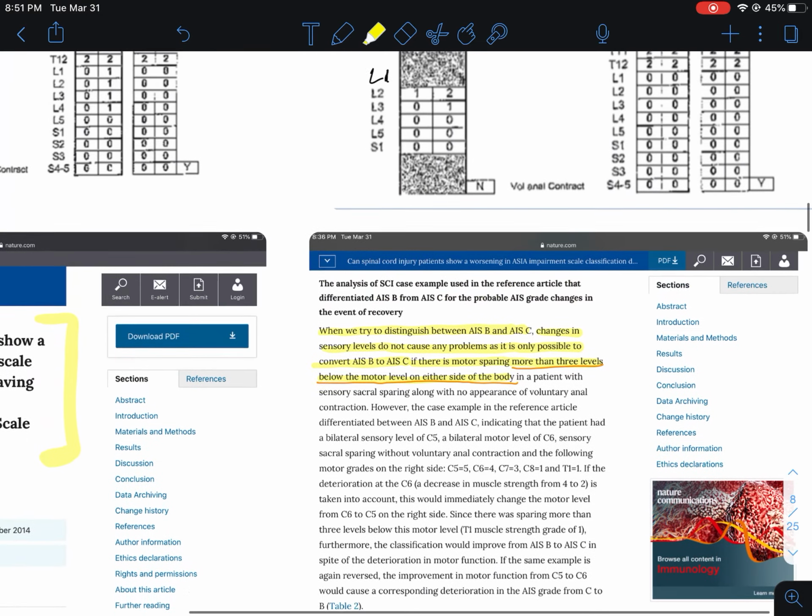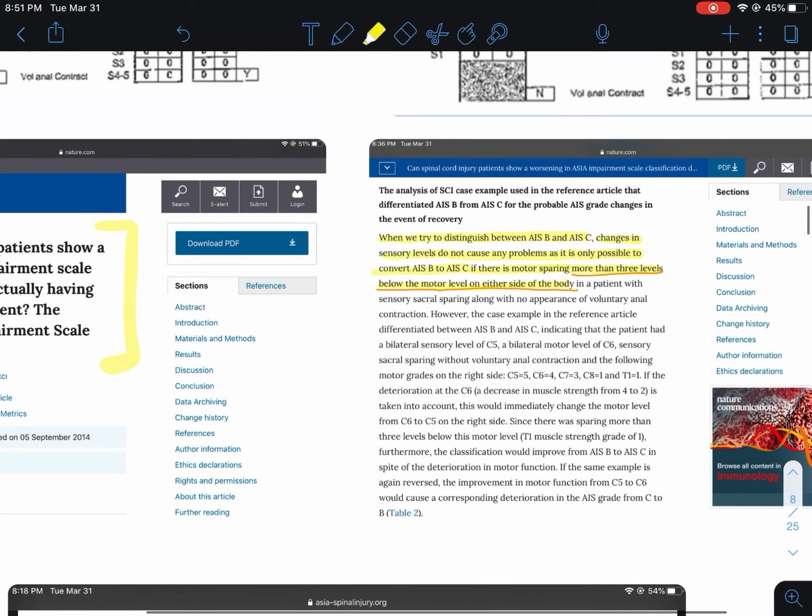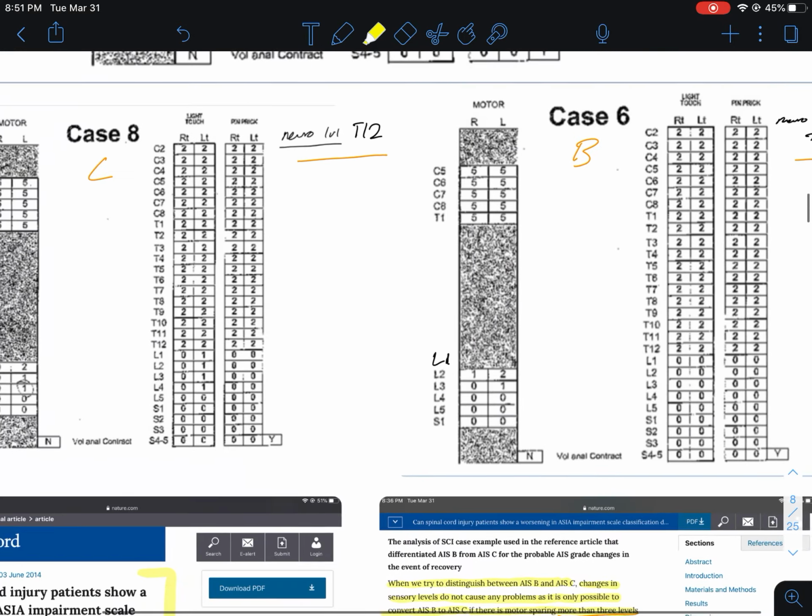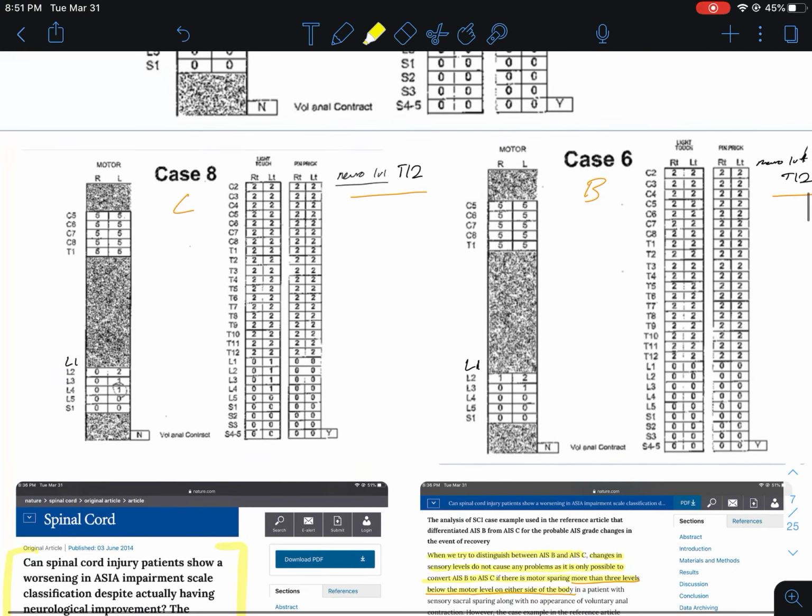in her explanation. So if we take this into consideration, let's go look back at case 8 and case 6. If our neurological level is T12, we need to look at more than 3 levels below T12.